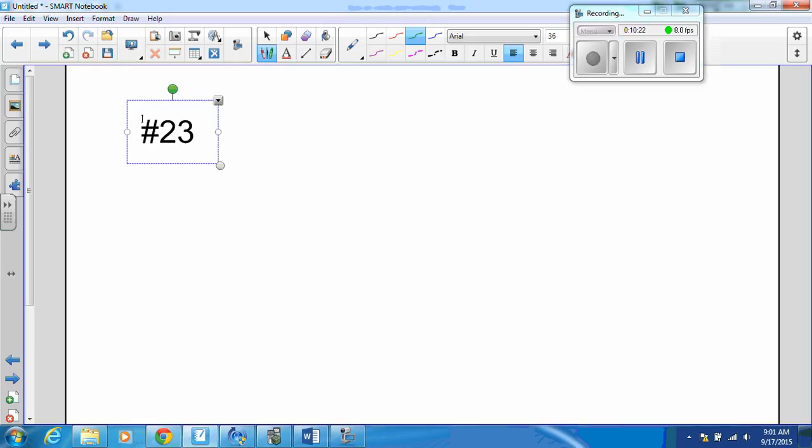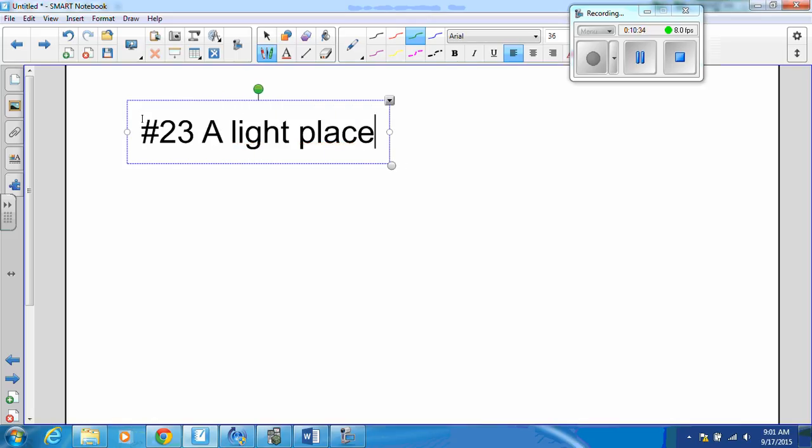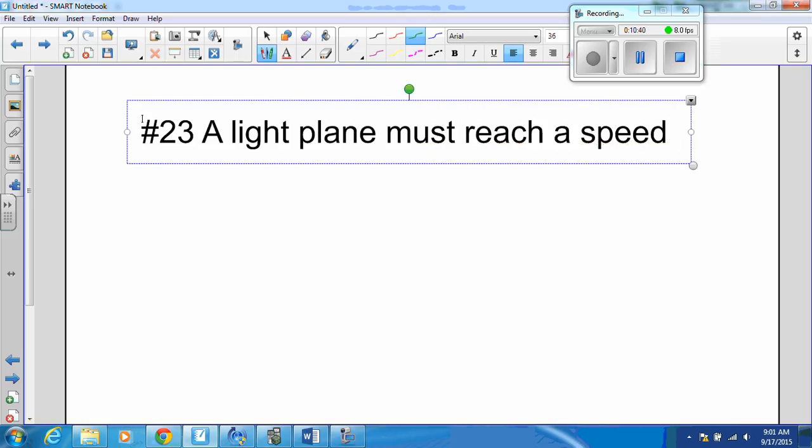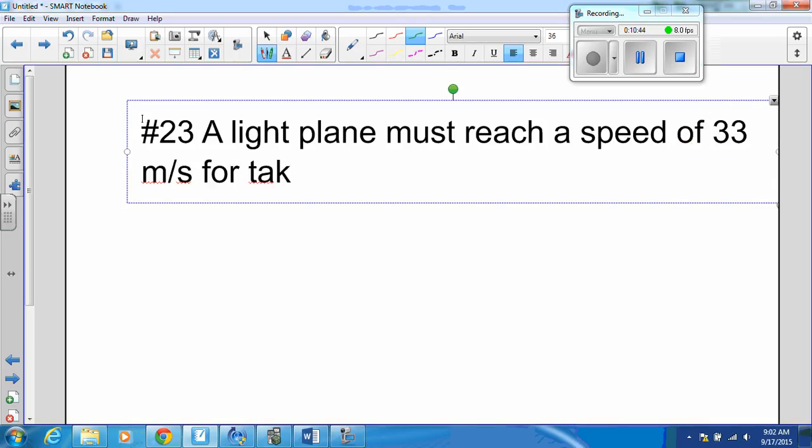And in this problem, a light plane must reach a speed of 33 meters per second for takeoff.